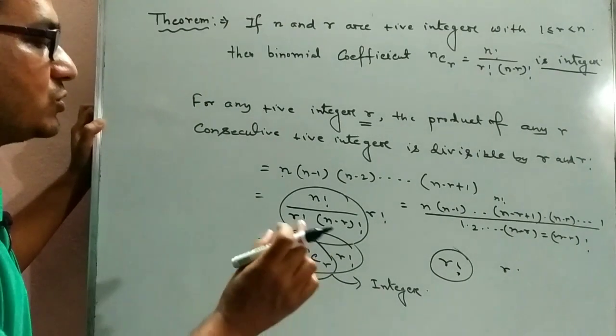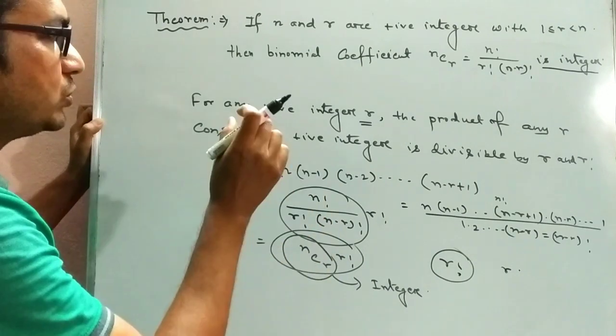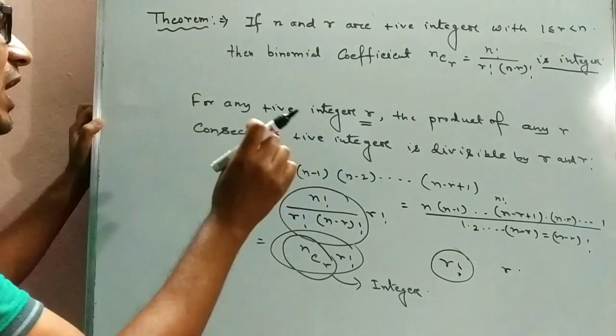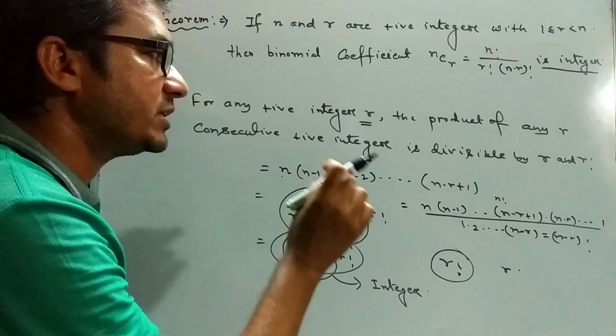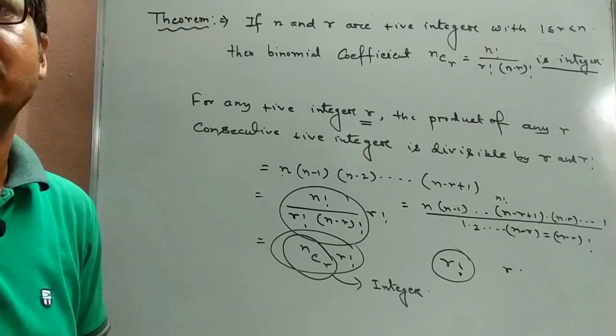Okay, so we prove the result: the product of any r consecutive positive integers is divisible by r factorial.